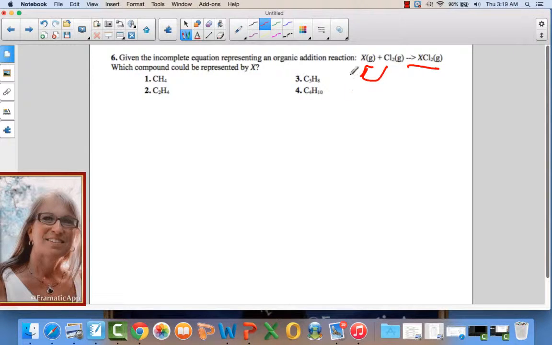And the only way I can do that is if I start with an unsaturated hydrocarbon. So I need something with a double or a triple bond. And that's going to be this guy right here. It fits the formula CnH2n. So what you would do is go to Table Q, plug in your number of C's, and see if it fits either the alkene or the alkyne formula. And that's your answer.